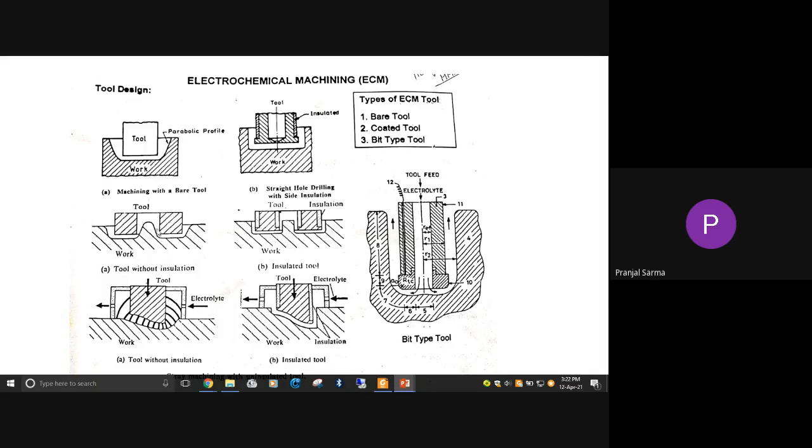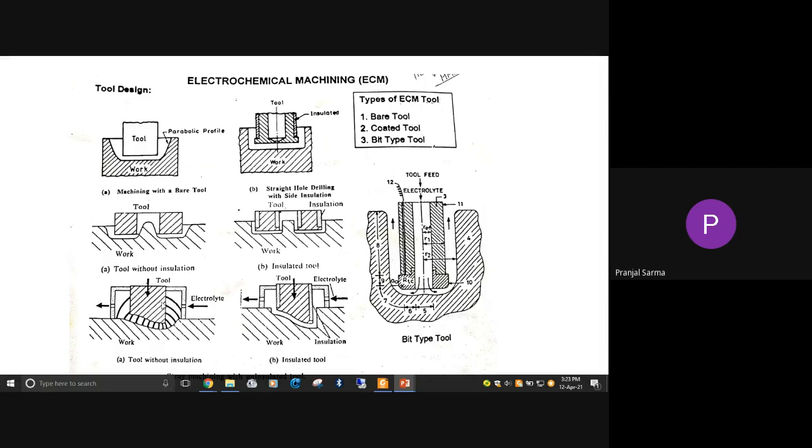Once again, this is a solid tool, and this is a hollow tool. If you don't provide any insulation, you can see the walls become somewhat parabolic. But these problems can be overcome if you give side insulation to it. Here this is the insulation, this is insulation, so this is the only exposed part, and this way machining is taking place. Sidewise there is no machining in the case of coated tools.